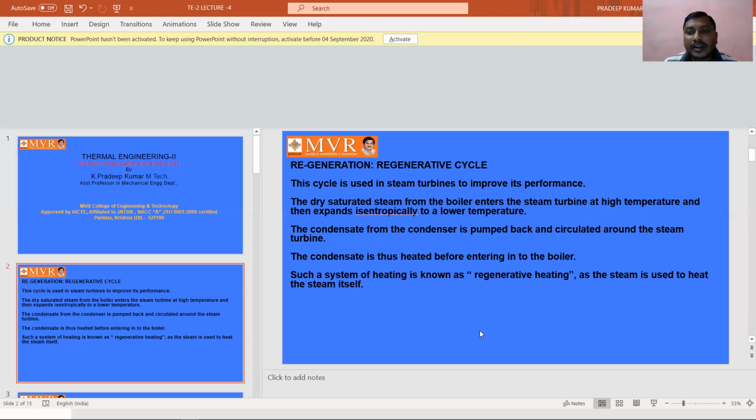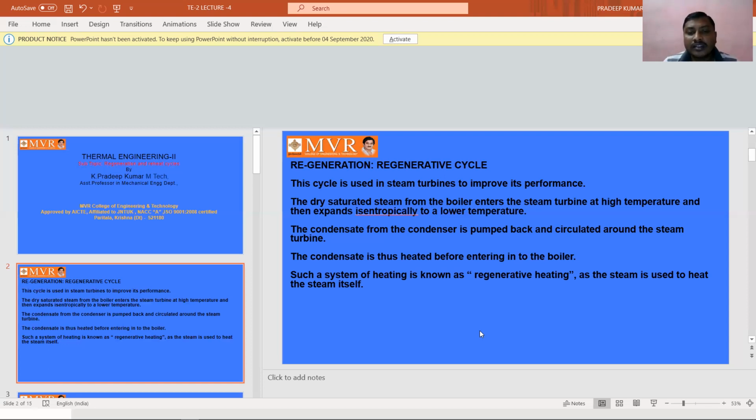Here some condensation takes place, the heat is rejected, and it converts into water in the condenser. But in the regenerative cycle, the steam which came into the condenser is again sent to the turbine, and then the condensate is thus heated before entering into the boiler.